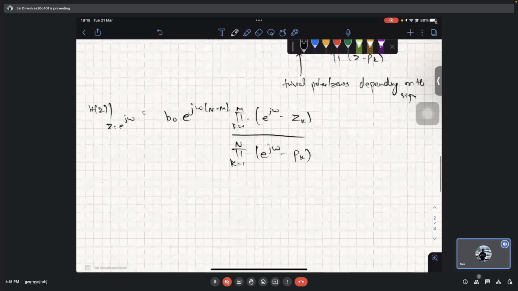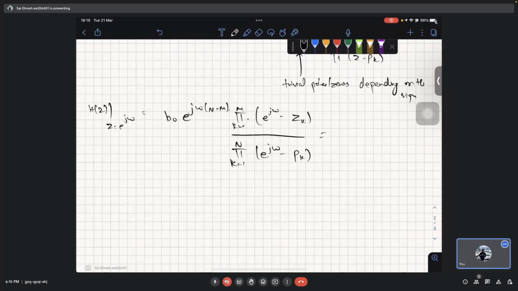Okay, so this is a transfer function in the frequency domain, and this is a complex function, with magnitude |H(e^{jω})| and e^{j} times the angle of H(e^{jω}).